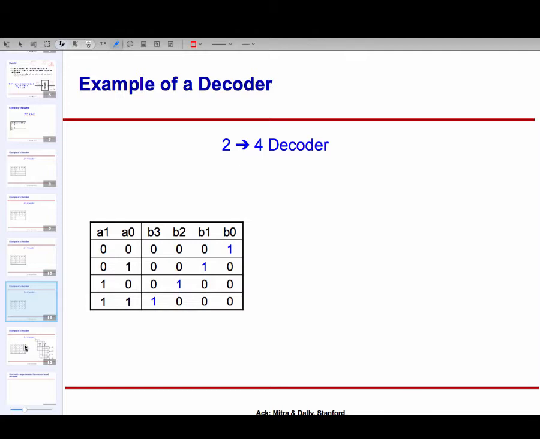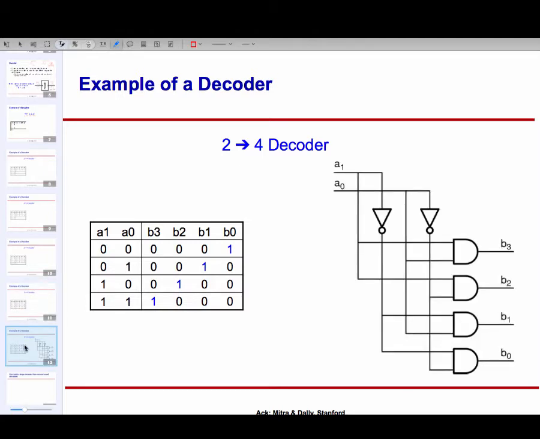But with the decoder, we are going to do things by hand, because we want to come up with good implementations by hand. So this is an implementation, as you can imagine. What we are doing out here is taking A1, A0. We are also generating inverted versions of them. So after inversion, we have both A0 and A0 not, and A1 and A1 not available.